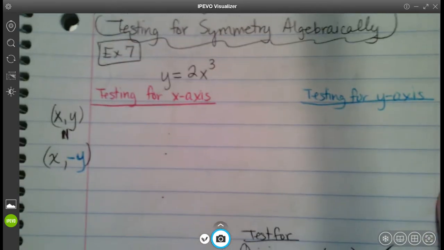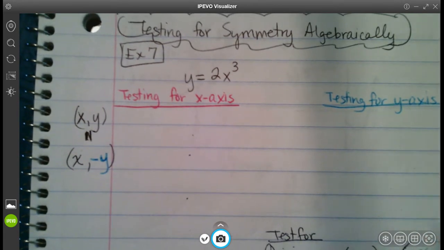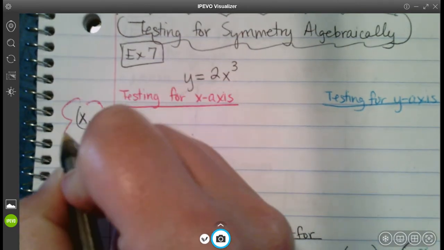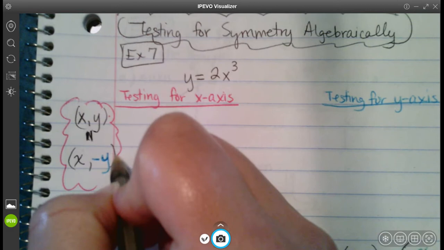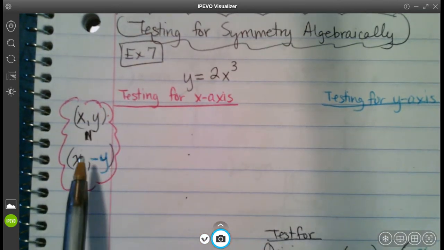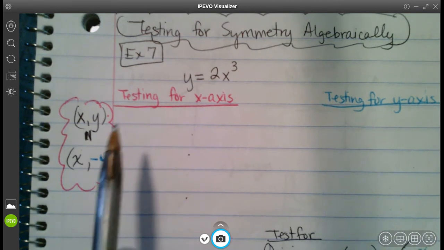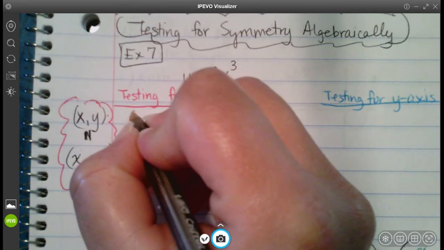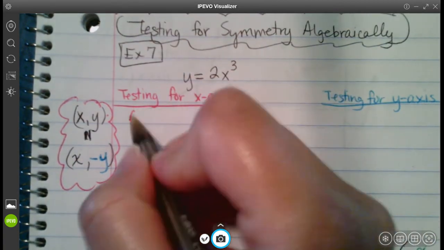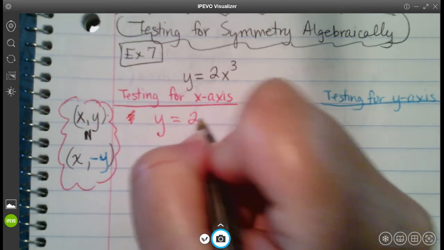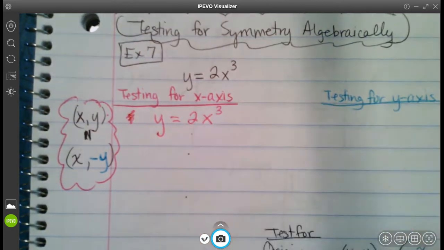Okay, we're going to start with testing for the X axis. As a side note, remember that this is what we had on the other page, that our x and y have to be the same as our x and negative y values for every x and y on that graph. So first, we're going to write the equation: y equals 2x cubed.